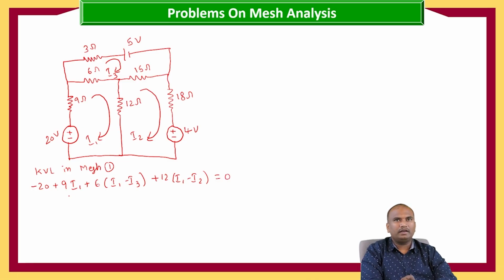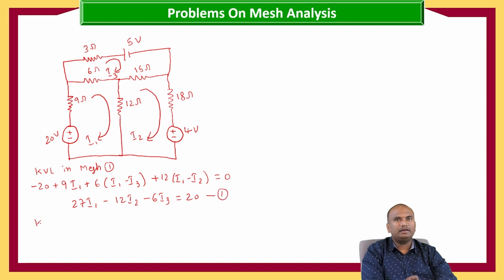That is 9 plus 6, 15 plus 12, 27 I1 minus 12 I2 minus 6 I3, which is equals to 20. This is our equation number 1.